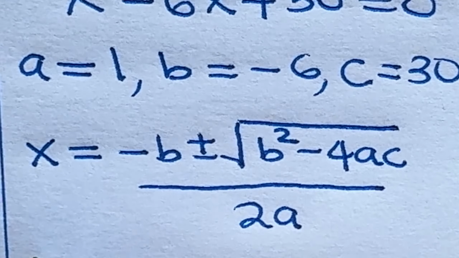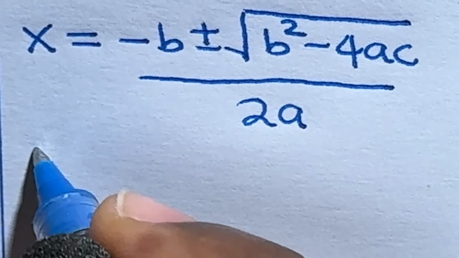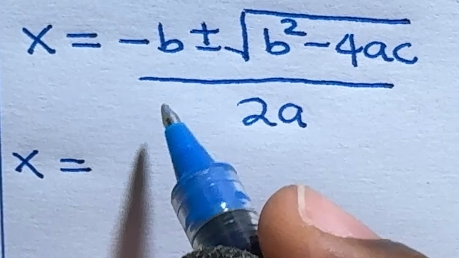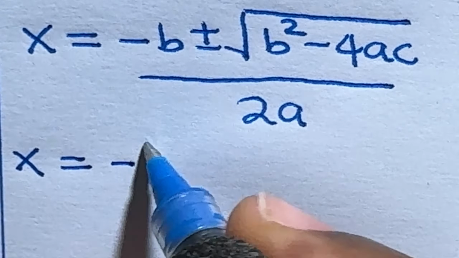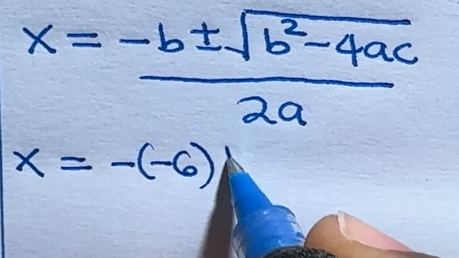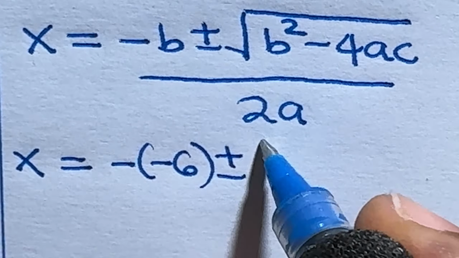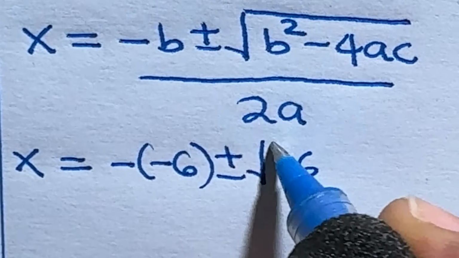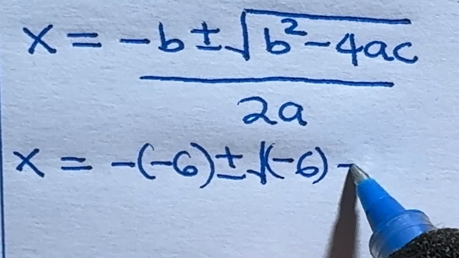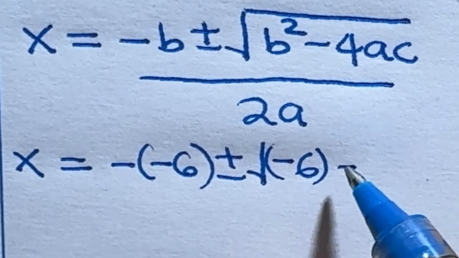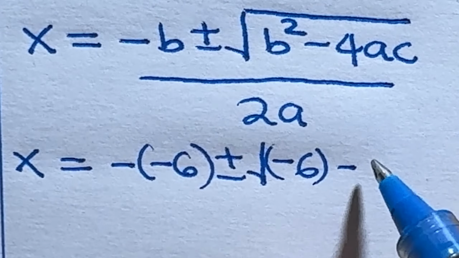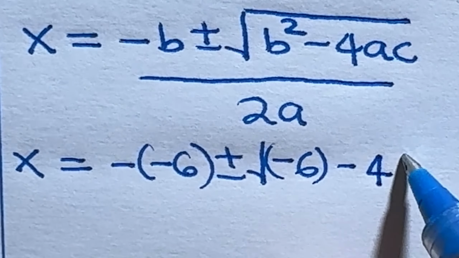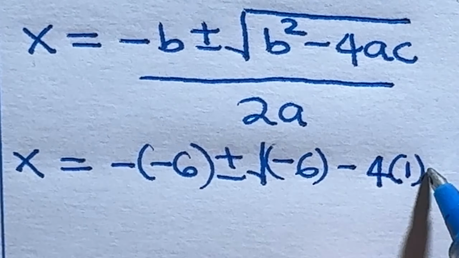If we put in these values, then x is going to be minus b. b is negative 6, so we have negative negative 6, plus or minus the square root of negative 6 squared minus 4 times a, which is 1, and c is 30, so that's negative 4 into 1 into 30.